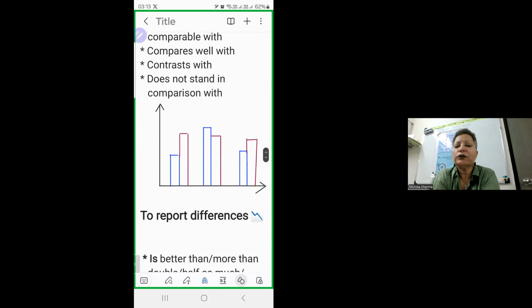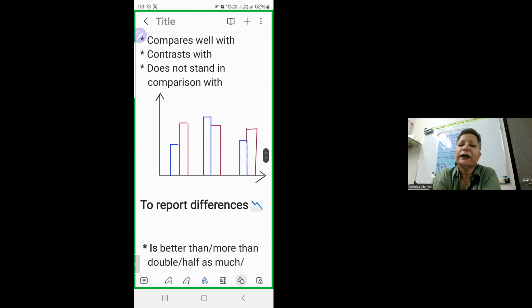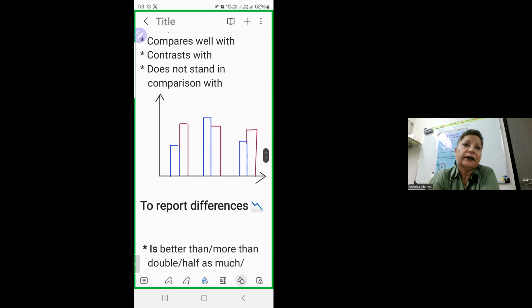Here you will see that I've also made a double bar graph. Here the blue ones indicate the performance or the values of one kind of variable, and the red ones indicate the values of another kind of variable. So you can see how you can contrast. Like in the first set, if I say the blue is the Hyundai company and the red is the Maruti company.